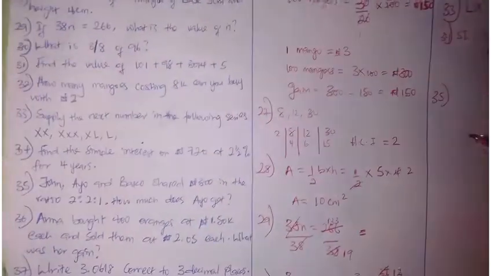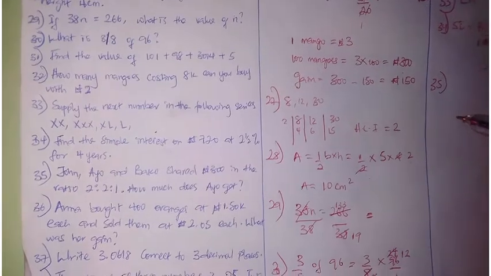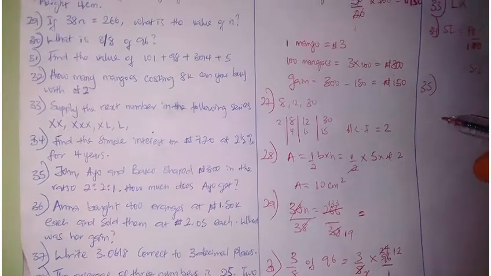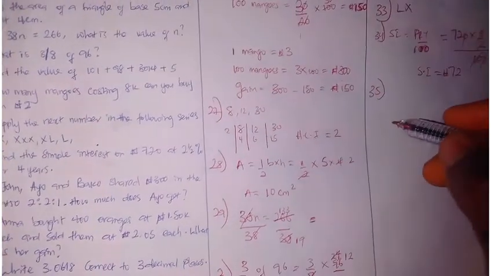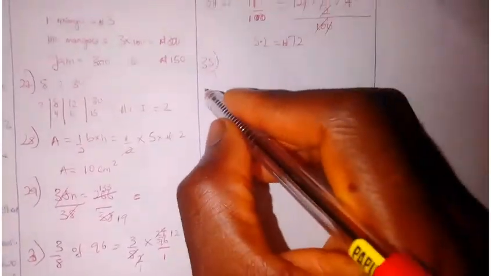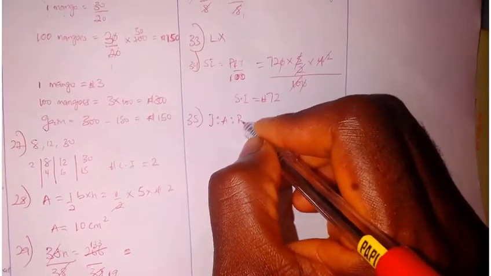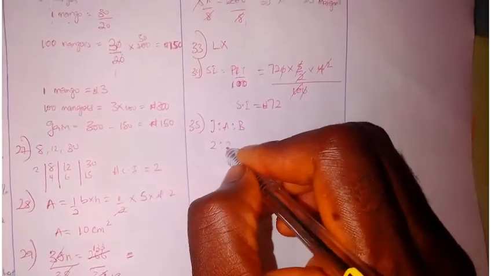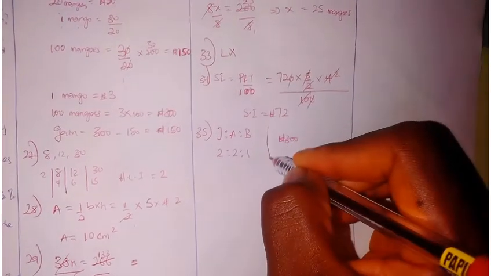Question says what? John, Ayo and Bako shared 300 naira in the ratio 2:2:1. How much does Ayo get? So John, Ayo, Bako. John ratio, Ayo ratio, what? Bako. 2:2:1. They shared 300 naira.